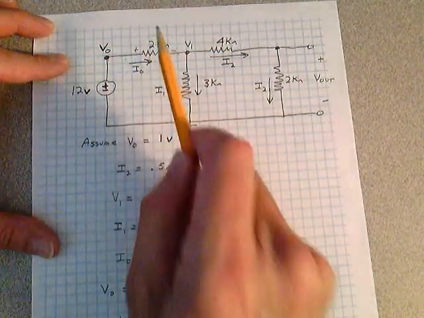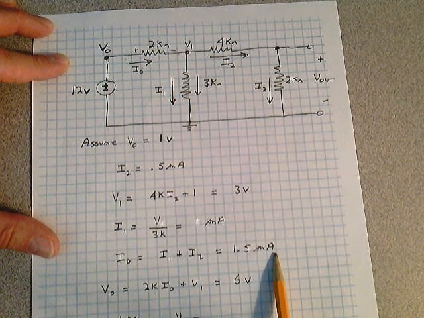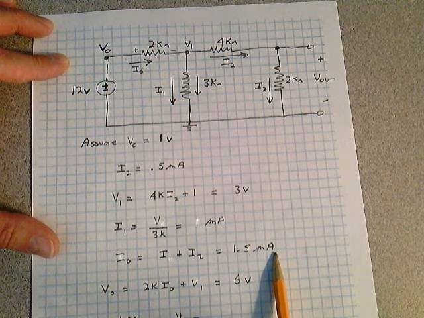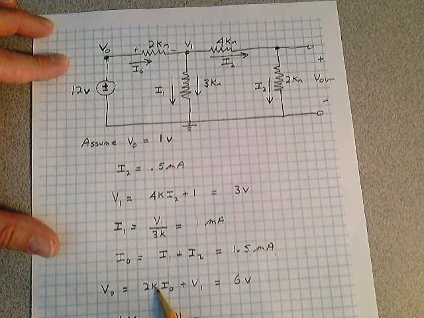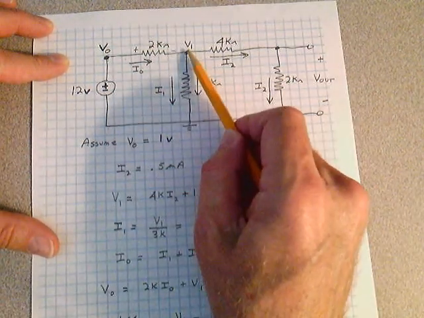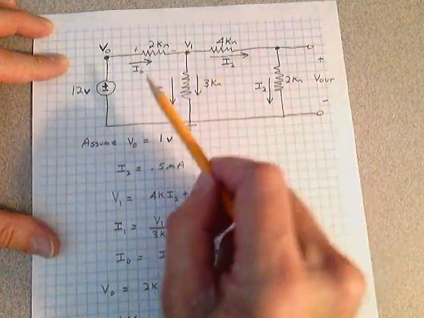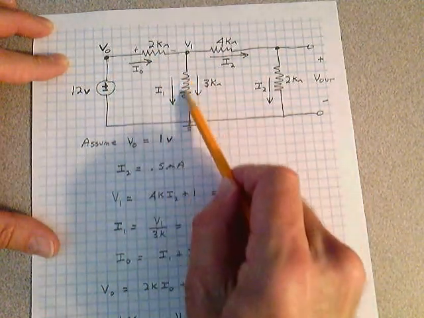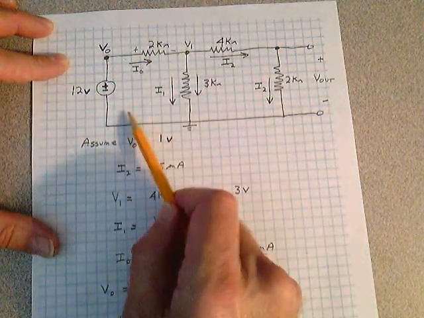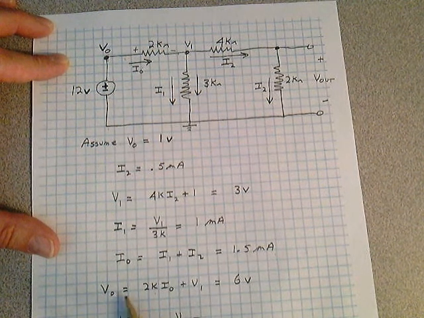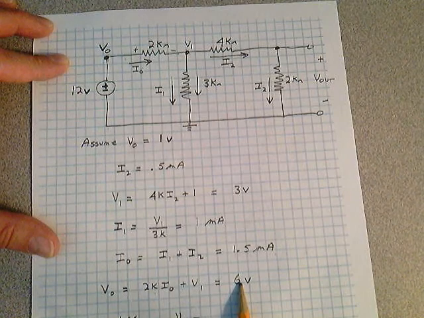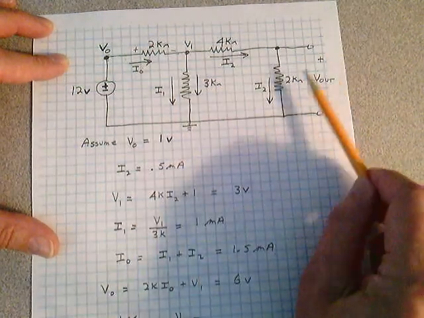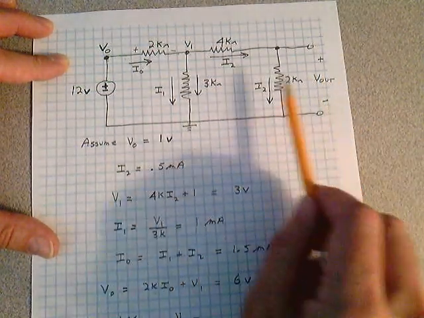We know I0, we know the 2K: 1.5 milliamps times the 2K is 3 volts, plus V1. That's just Kirchhoff's voltage law around this loop here. V out is equal to 2K I0 plus V1. That's 6 volts.